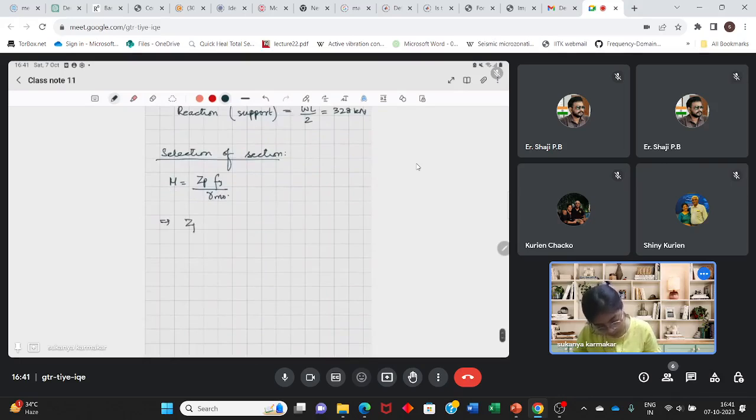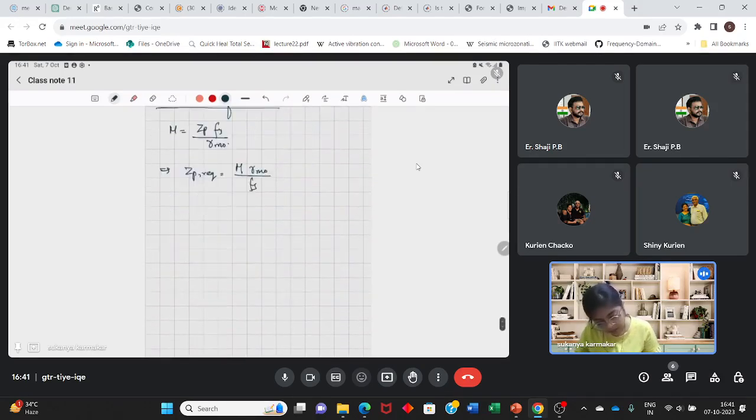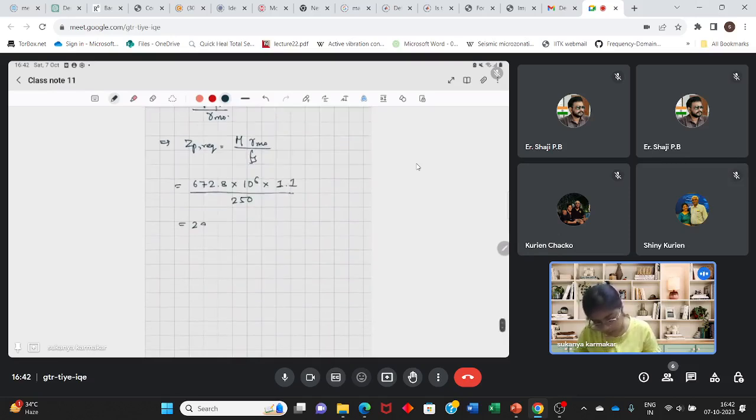So Zp required will be moment into gamma m0 by Fy. Now the moment here is 672.8 into 10 to the power 6. Gamma m0 is 1.1. Fy is 250. This comes out to be 2960.32 into 10 to the power 3 mm3.